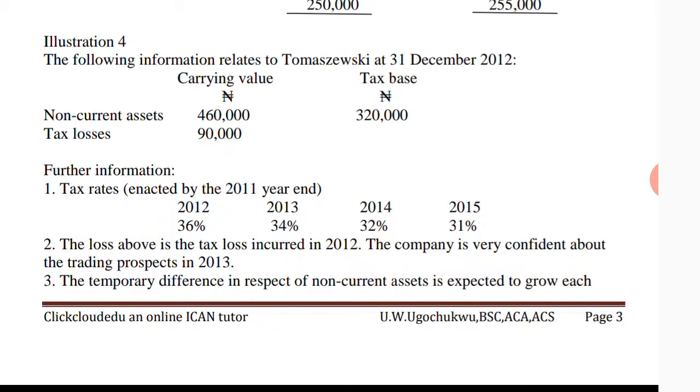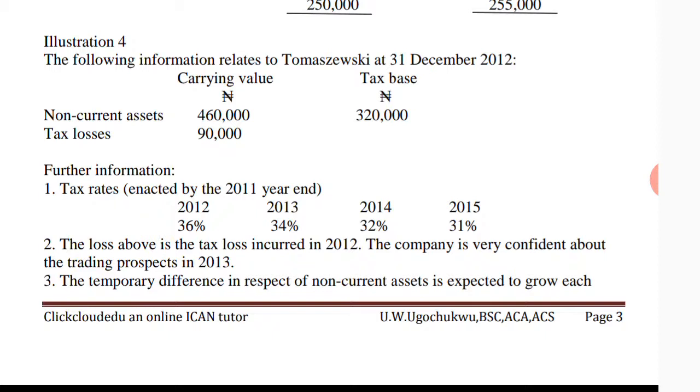We will multiply it with the tax rate of that year. The increase or decrease will be taken to the profit or loss.